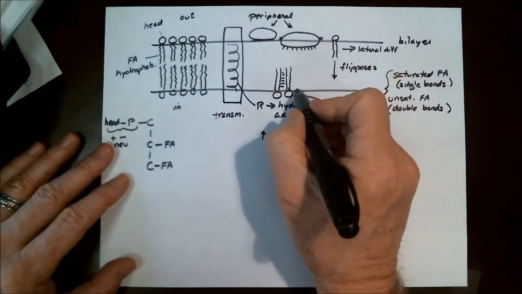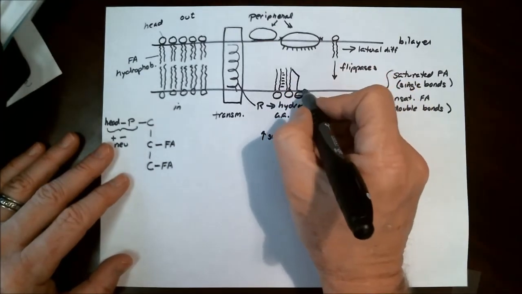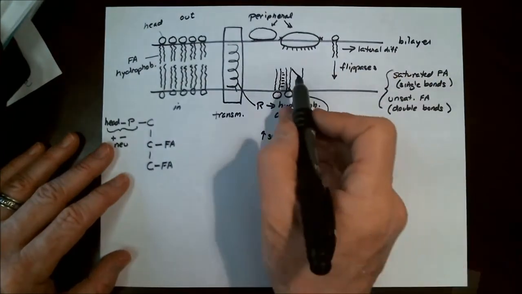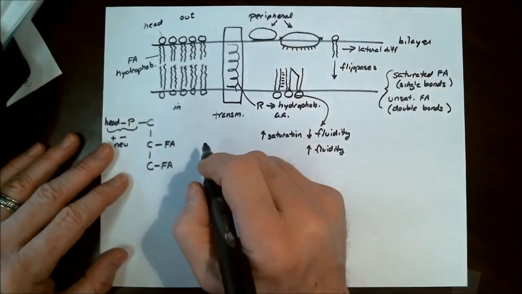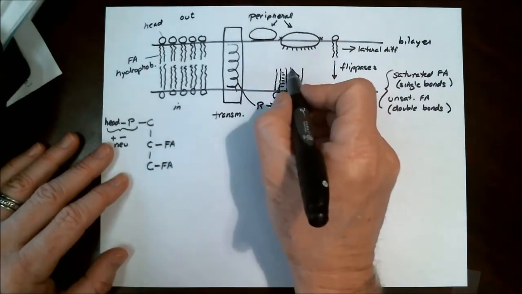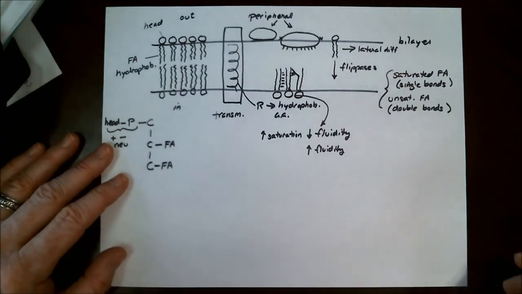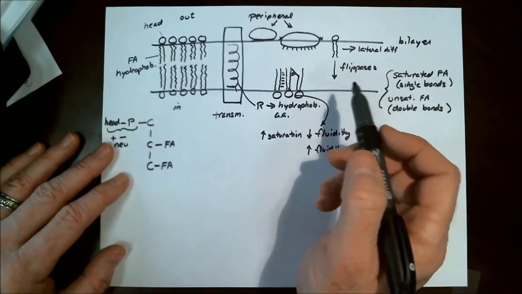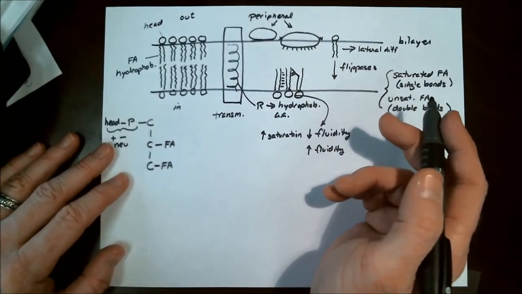If we have a double bond here in one of our fatty acid tails, you'll notice that the distance between these two hydrocarbon tails is too great to form effective productive interactions. They could potentially form interactions here as the two hydrocarbon tails approach each other, but this region up here is too weak. That will increase fluidity because you've decreased the amount of bond energy.